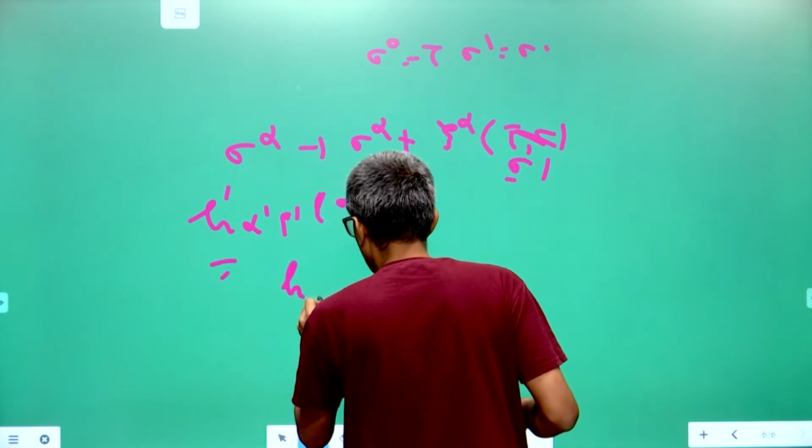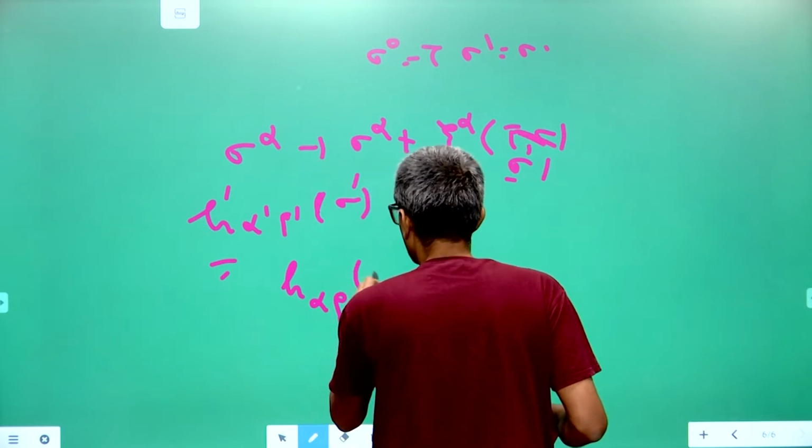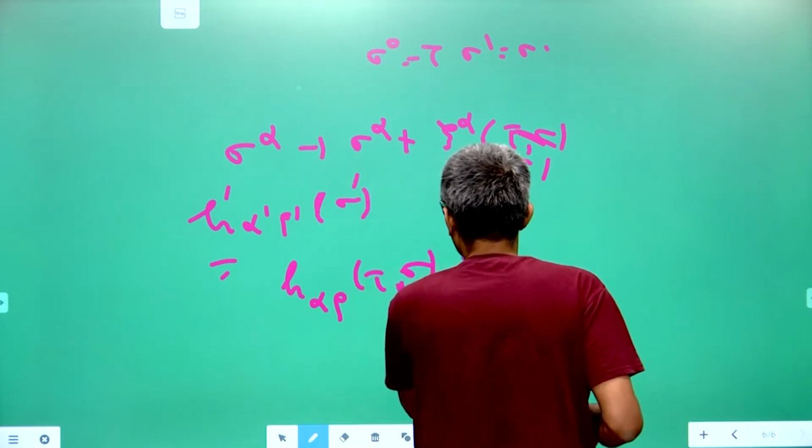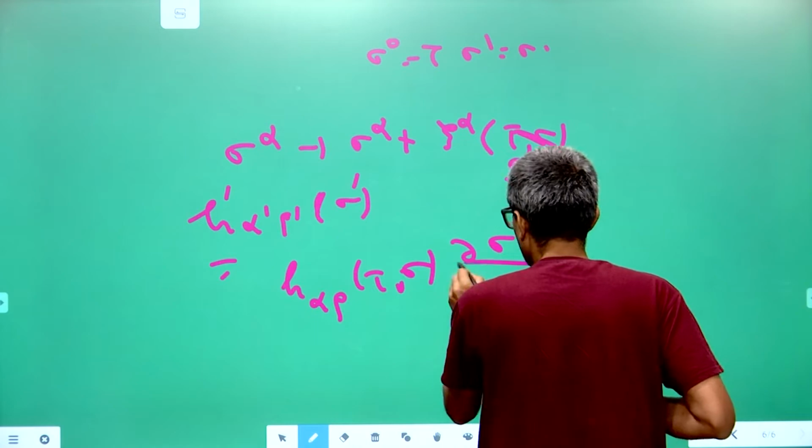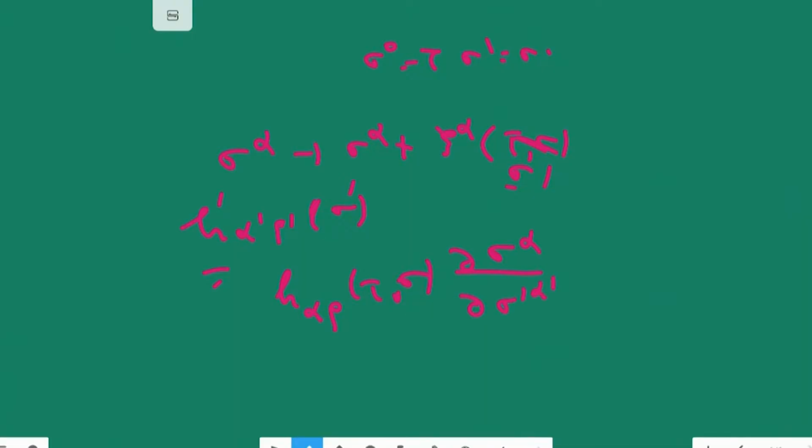equal to h alpha beta of tau sigma into dou sigma alpha by dou sigma dash alpha dash into dou sigma beta by dou sigma dash beta dash, where you can compute, for example, if I call this sigma dash, sigma alpha dash, sigma dash alpha dash.